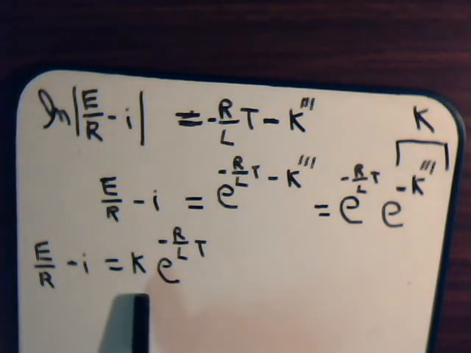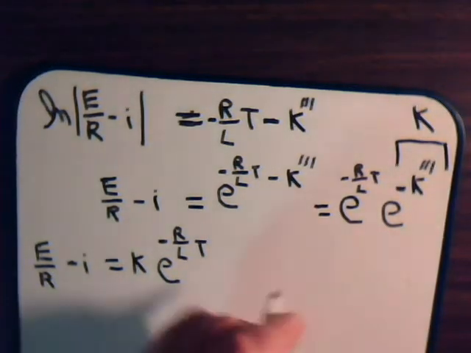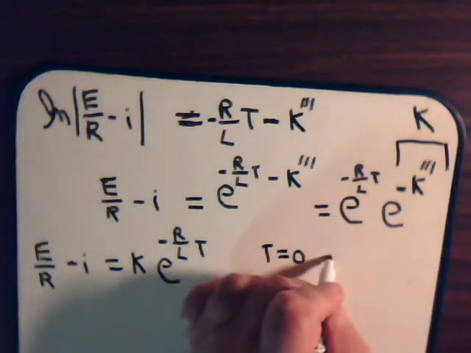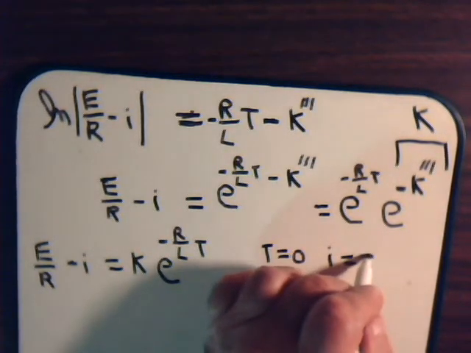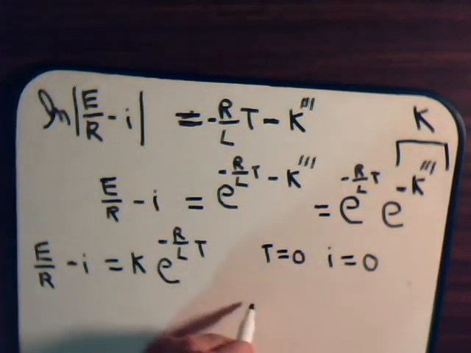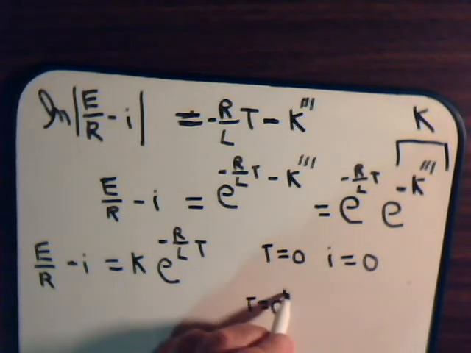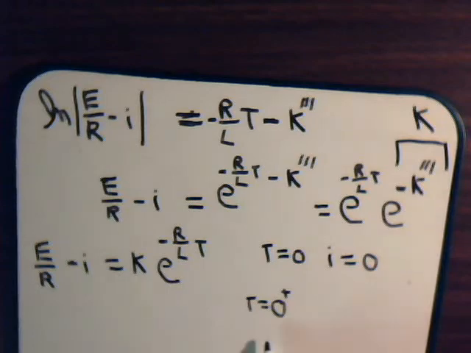We know that at time t equals 0, I equals 0. We don't get that trickle of current immediately, instantaneously after that switch is thrown, and we designate that as 0 plus. But at time t equals 0, I equals 0.